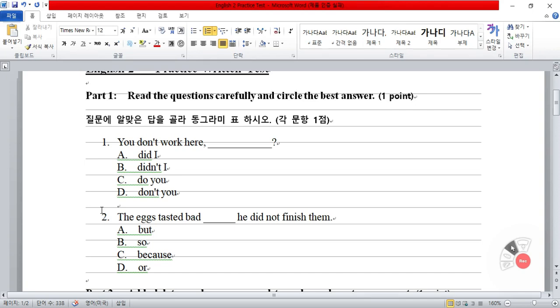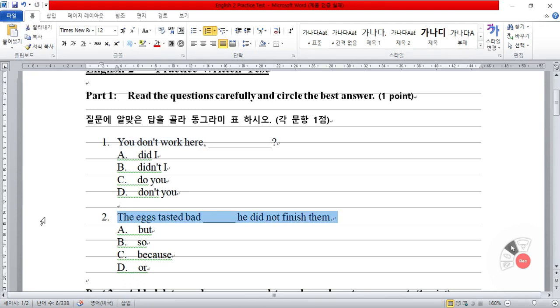In part 1, you're given a multiple choice question. You'll be given several multiple choice questions. You're going to read the questions carefully and circle the best answer. Sometimes you'll have a question and sometimes you'll have a statement.